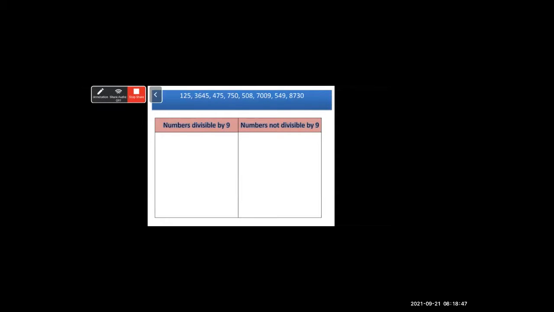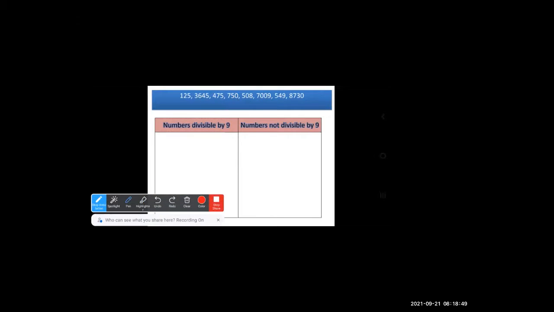Now see, the first number is 125. Add all the digits of this number and tell me whether the sum of the digits is divisible by 9 or not.